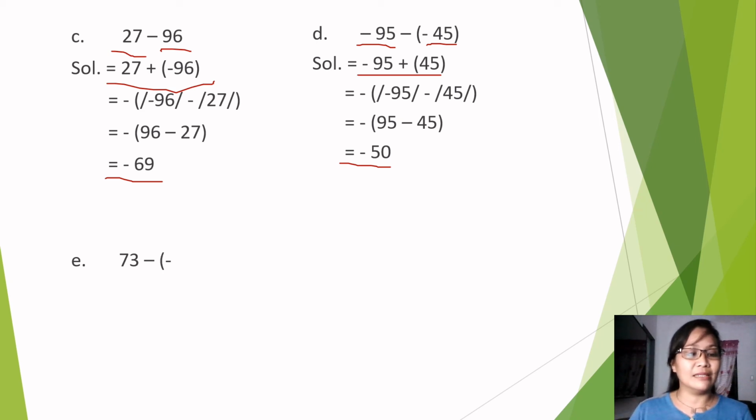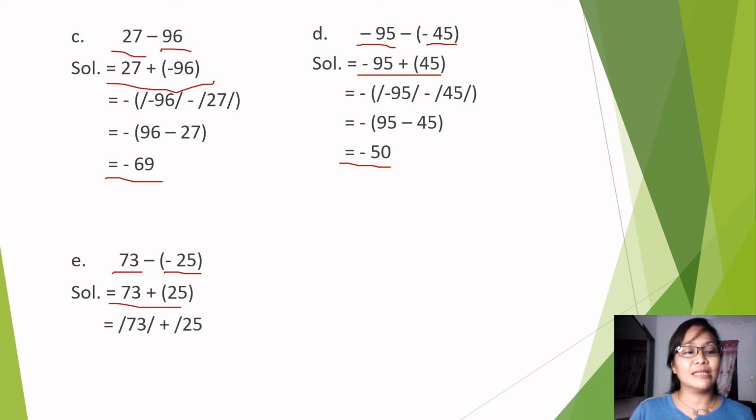Next example, letter E, 73 minus negative 25. Again, solution. Copy the minuend, positive 73, from subtraction to addition, and then change the sign of the subtrahend. So, from negative 25 to positive 25. Next, since pareho silang positive, so, ang sign natin sa unahan ay positive.